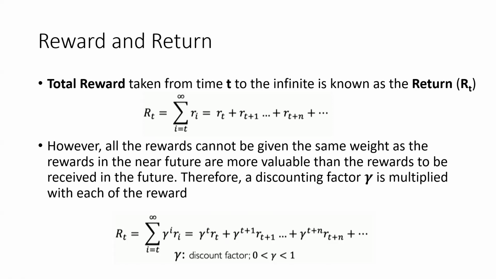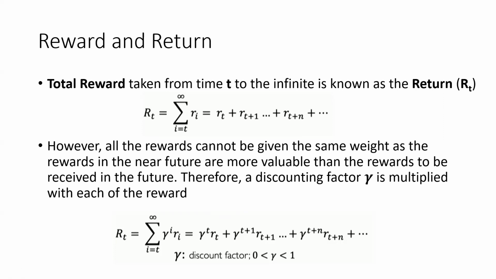But if the reward is given after 1 year, you can have a discount of 10%. So the reward that you get after a year may be discounted by 10%, so it would be multiplied by 0.9, right?